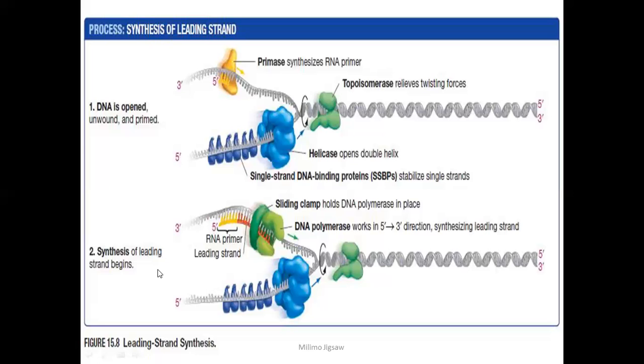And then remember, DNA polymerase will start adding deoxyribonucleotides at the 3' hydroxyls, extending this newly synthesized DNA strand in the direction towards the replication fork. Remember, the replication fork is Y shaped. So it will be synthesizing the DNA strand towards the replication fork.